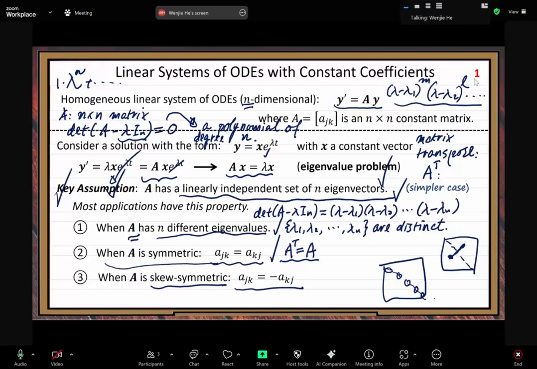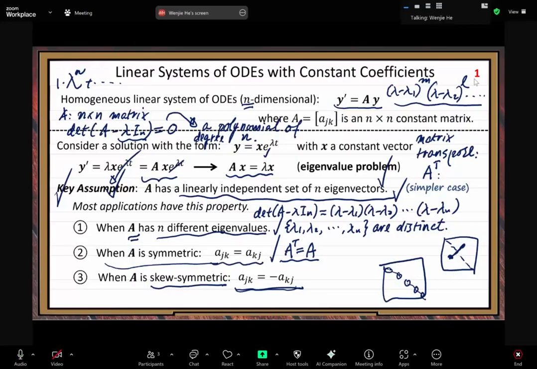For this type of special matrix, our key assumption is satisfied automatically, no matter the form of your eigenvalues. Multiplicity doesn't matter.